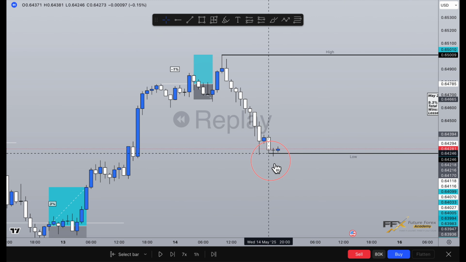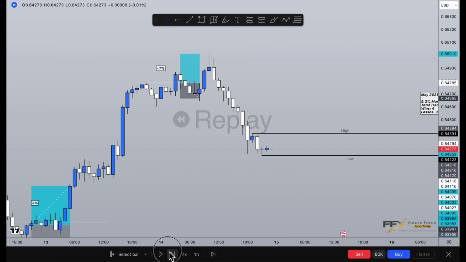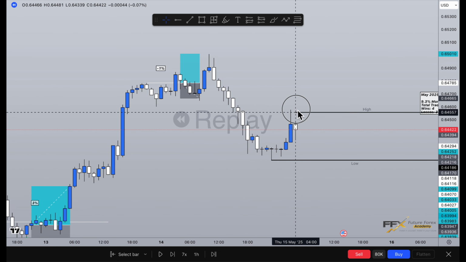So we had a nice impulse, but then we had a large wick at the end. And now it looks like the market just wants to start descending. So we descended and we got this bit of a shift.